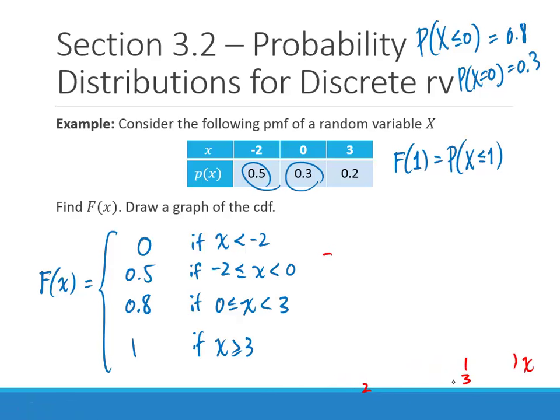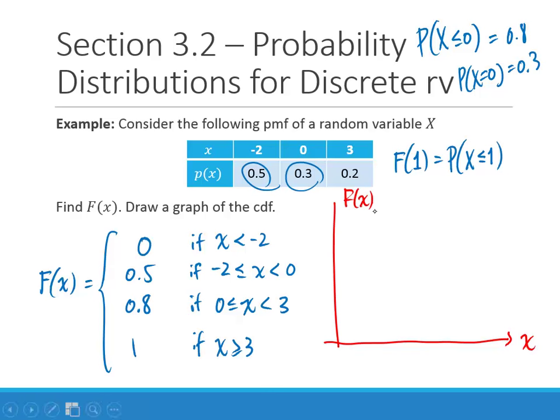I'm going to draw the same picture if you already started writing. Again, the CDF is my cumulative probability of being less than that number.